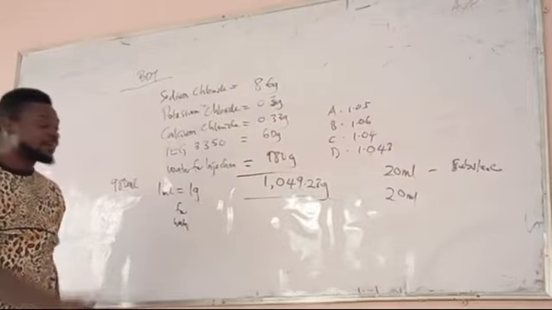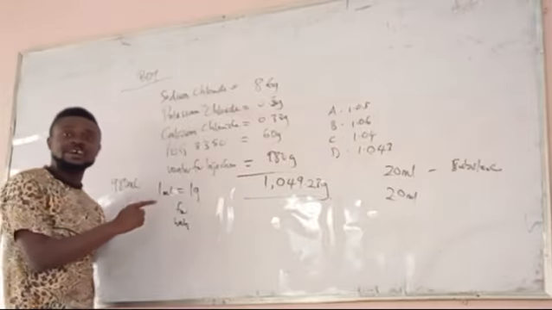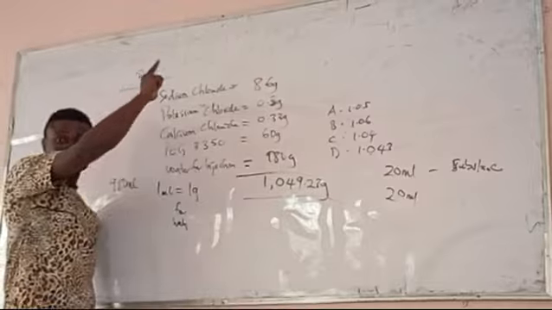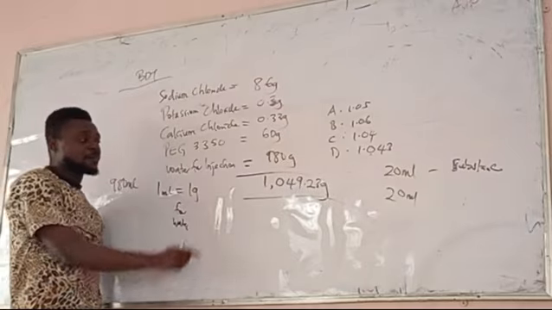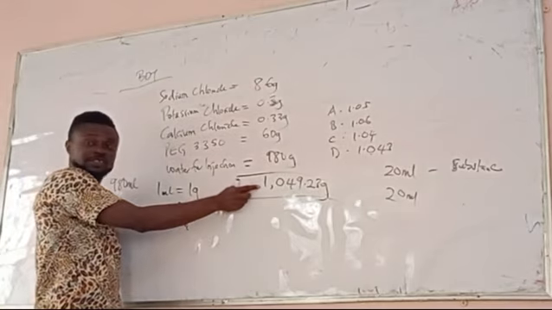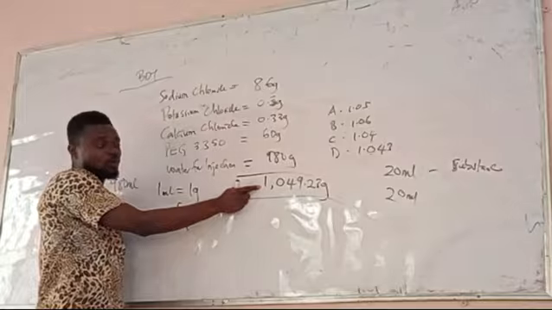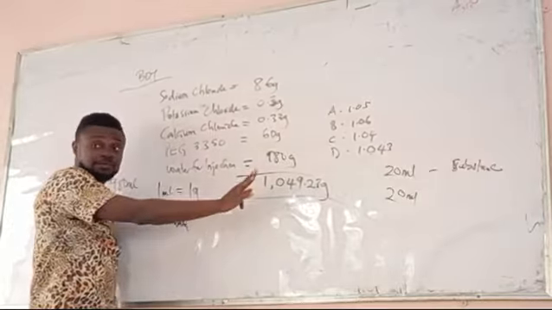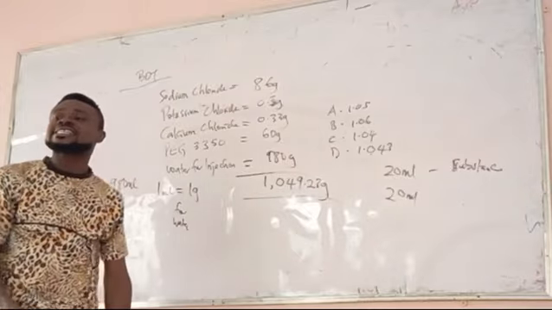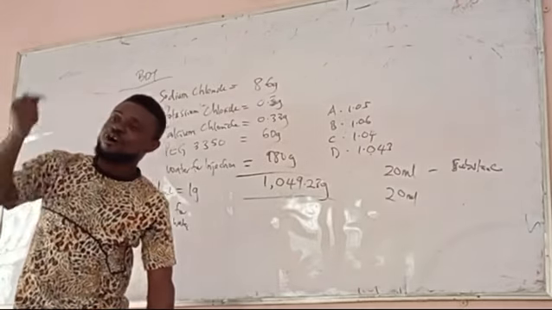Remember that specific gravity is weight of substance over weight of equal volume of water. We have determined the weight of the substance, which is 1,049.23 gram. Now let us find the weight of equal volume of water.